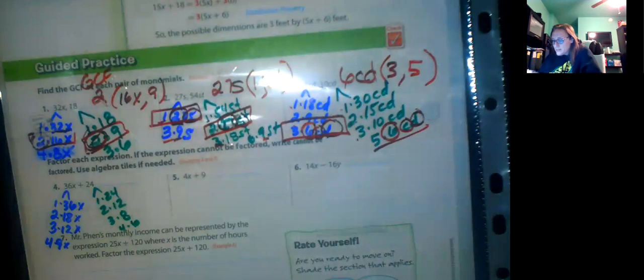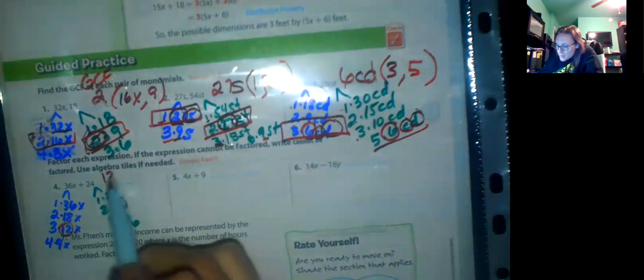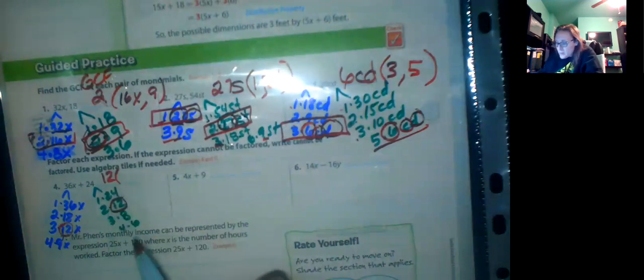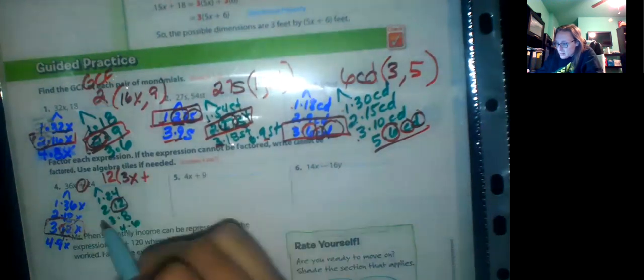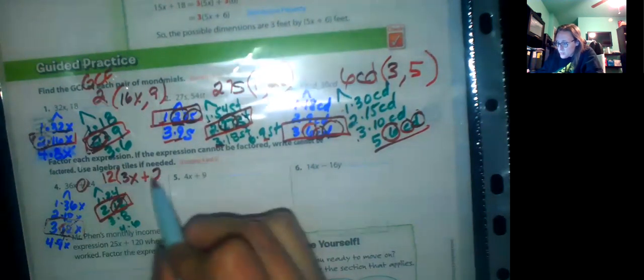So what's the biggest number they have in common? The 12. So 12 is going to come on the outside, and then we write what's left over. So look here, the 12 is gone, and we're left with 3x. Plus, then here, the 12 is gone, so we're left with the 2.